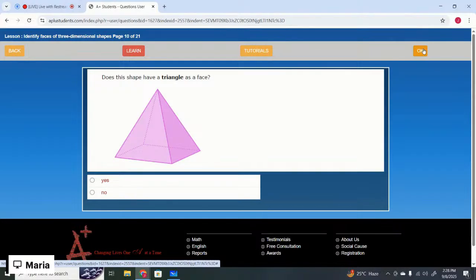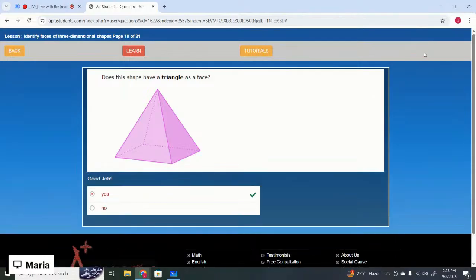Does this shape have a triangle as a face? Yes, it has a triangle as a face. Option number one is the correct option.